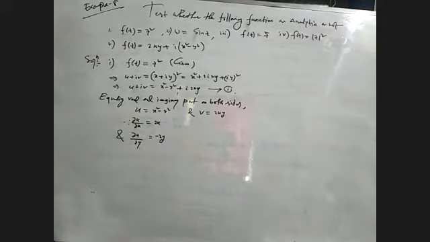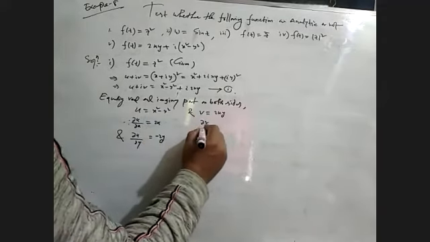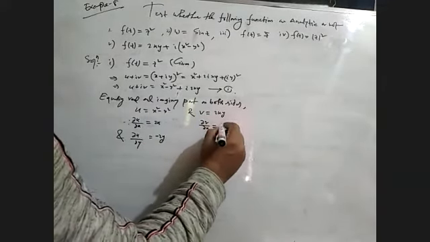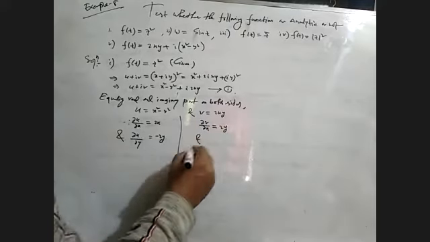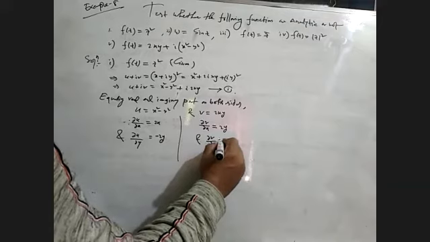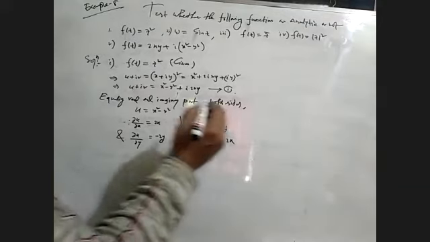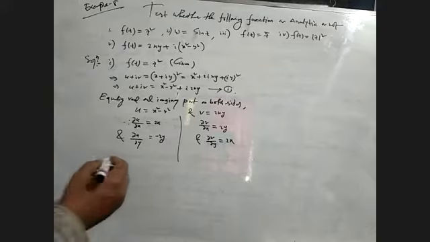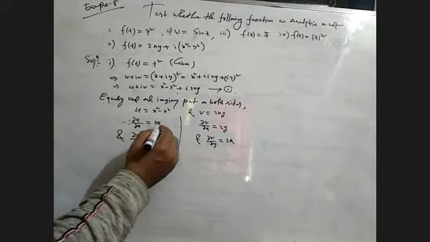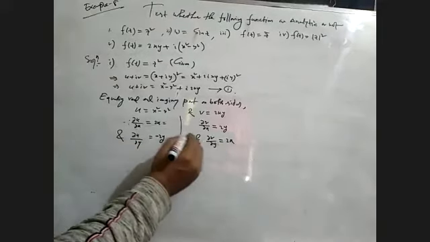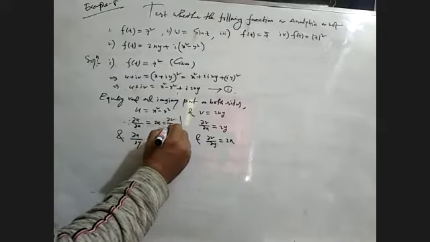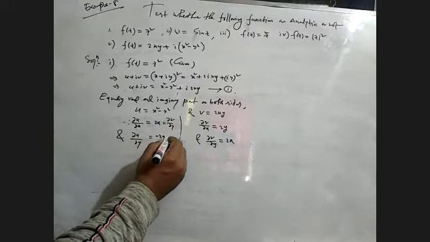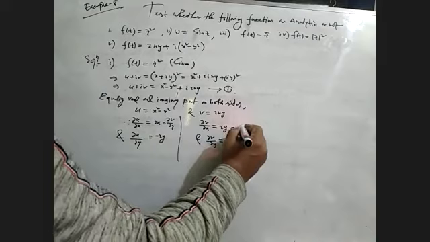Minus twice y. Again, partial derivative of v with respect to x, what will be? Twice y. And partial derivative of v with respect to y, what will be? Twice x. Right? Since this twice x equals del v del y, and this means minus del u del y.